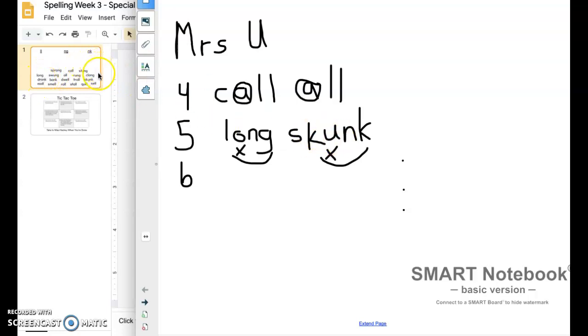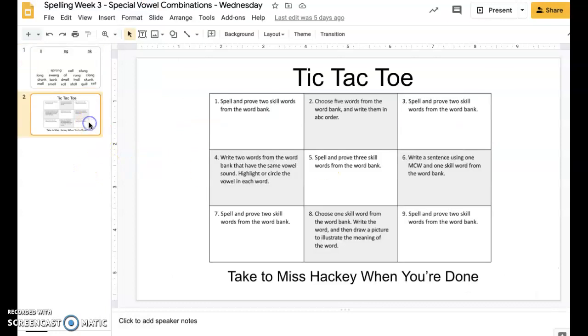I'm going to do cling. So just choose 3 words from the word bank and go ahead and mark them. And you know what? These words are a little bit easier this week because they all have those special vowel combination markings.